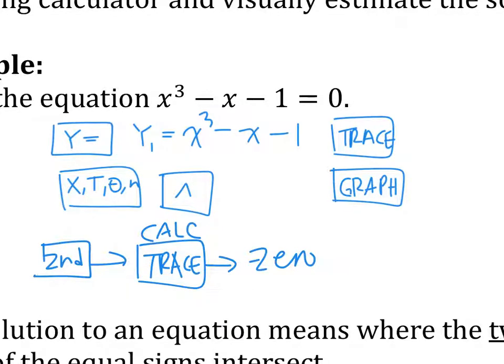It's going to ask you, what is the lower bound, or the left bound? Basically, what's on the left of your 0? That's the question. So you're going to scroll over. When you move your cursor, there's a little x that moves. Go a little bit to the left of the 0, and then press enter.